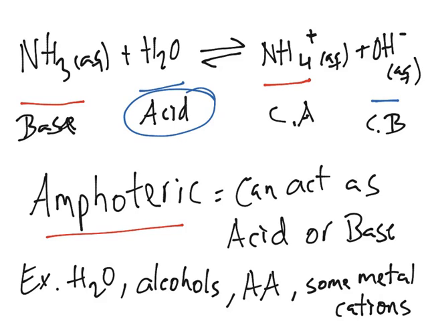But you only really have to know about H2O for now. You have to know that water can be an acid or a base. So whenever you see H2O, don't think, oh, I remember that this was an acid. No, you have to use the same procedure to determine whether it is a base or an acid. So be careful about that.